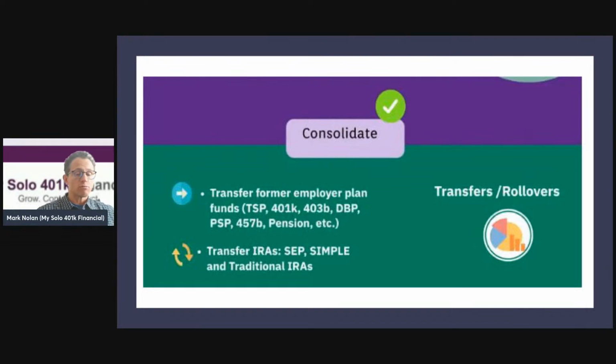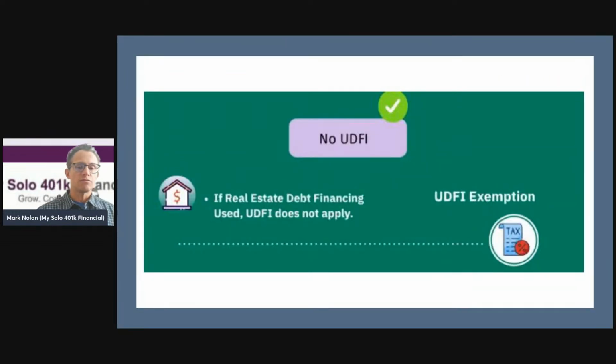Those can all be transferred when you open the self-directed 401k or through the life of the plan. And it's important to note that transfers to the self-directed 401k do not count towards your annual contribution limits.